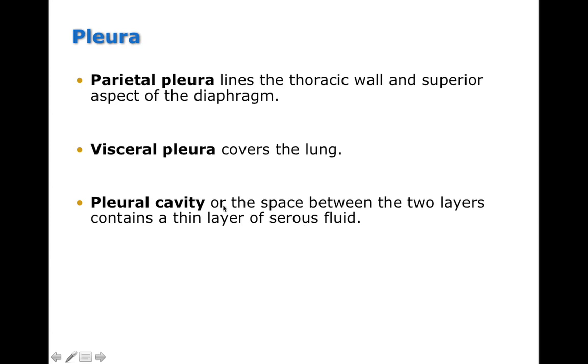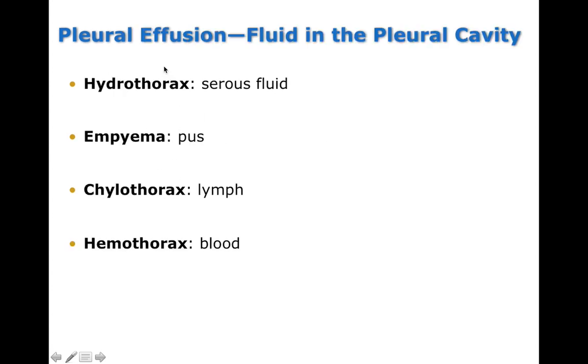Now, if this gets damaged, then individuals' lungs could collapse because their lungs aren't being held to the inner thoracic wall. And this could happen in conditions like pleural effusion. An effusion is basically just an accumulation of some sort of fluid in the pleural cavity. It could be serous, which we call hydrothorax. It could be made of pus, and in that case we call it empyema.